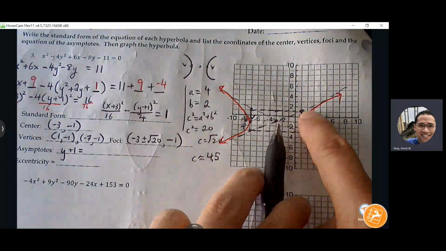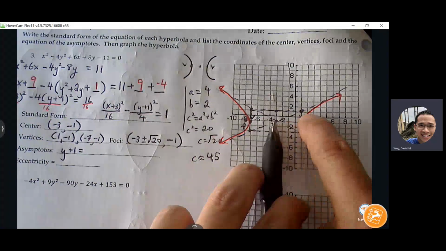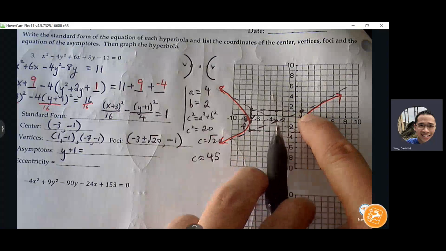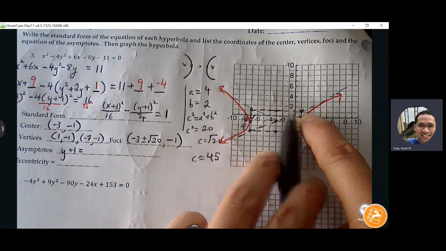My slope of my asymptote, start from the center and move to the upper corner, up 2 over 4. Up 2 over 4 reduces to 1/2.